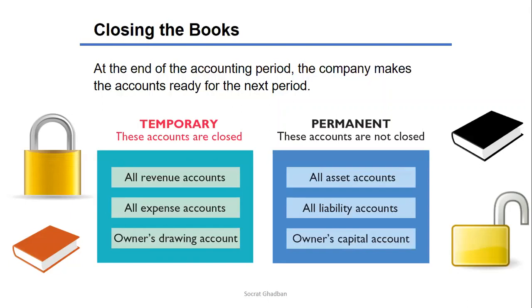They consist of all balance sheet accounts, including the owner's capital account. Permanent accounts are not closed from period to period. Instead, the company carries forward the balances of permanent accounts into the next accounting period.